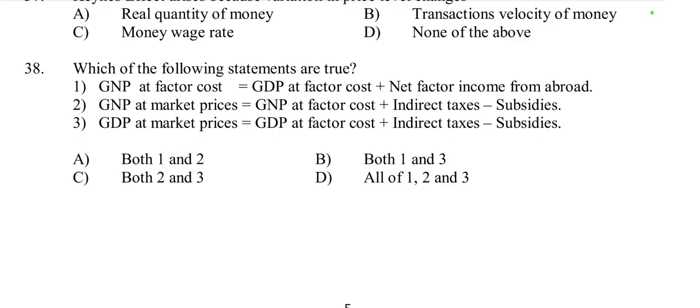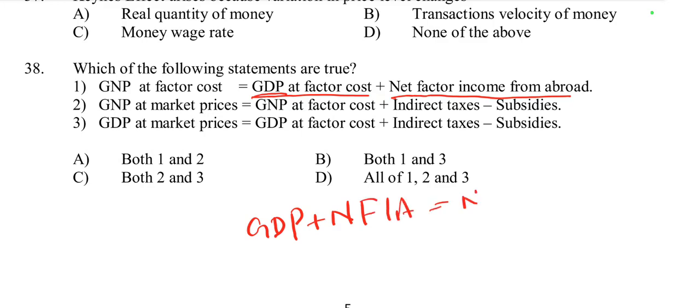Yes, when we add GDP at factor cost plus net factor income from abroad, it is called GNP. GDP plus NFIA is equal to GNP. Means domestic plus NFIA is equal to national.